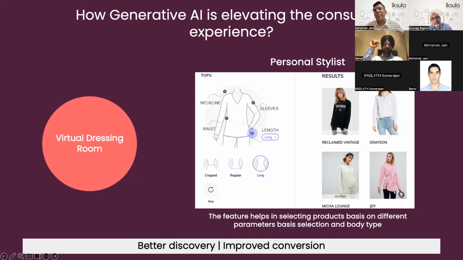These things have started coming in specifically for brands and retailers. This is something we are trying with a lot of brands, and we are seeing a lot of success in the end consumer experience and, obviously, the conversion rate.